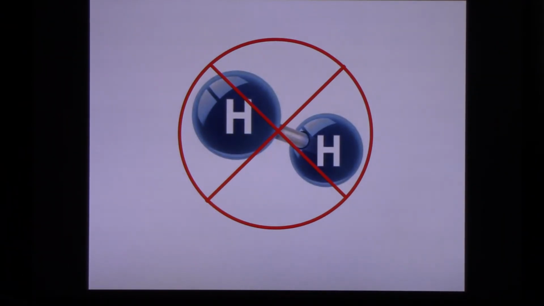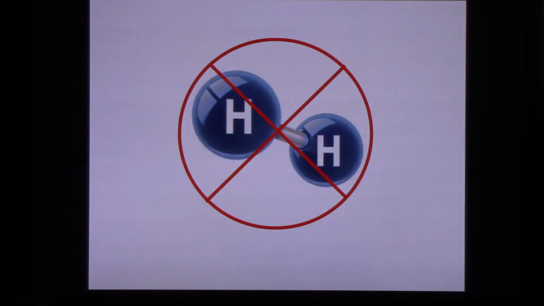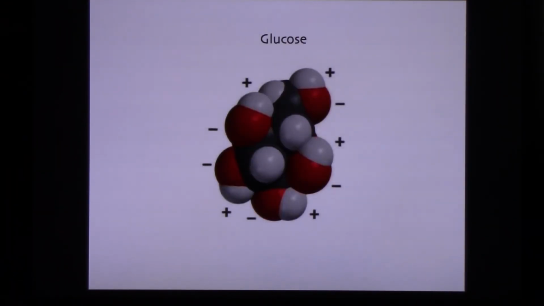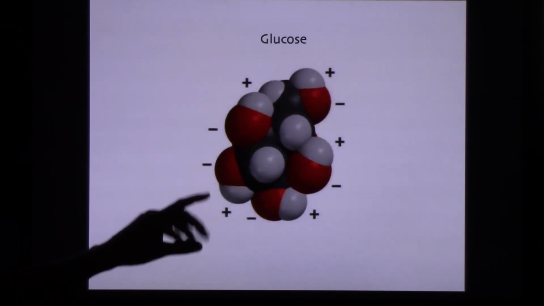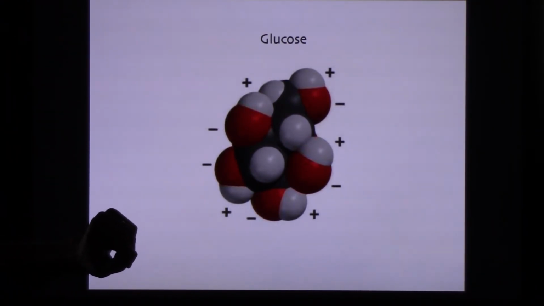Now I know if you're a molecular biology major or whatever, you know that molecules are always represented this way. But we don't want to conceptually think about that. We always want to think of them as space filling. So this is one of my favorite molecules, glucose, a sugar molecule.